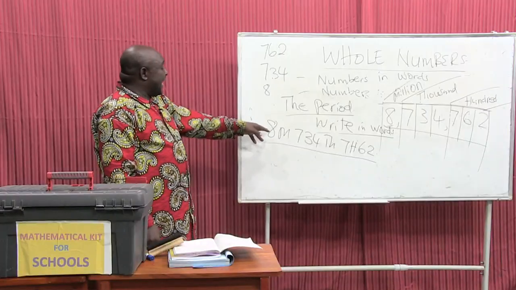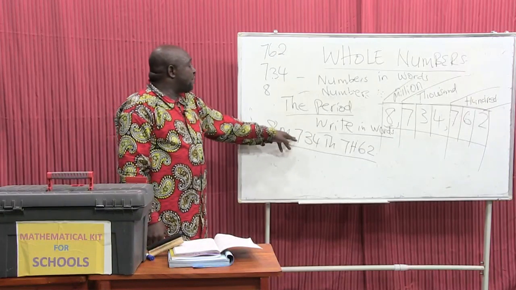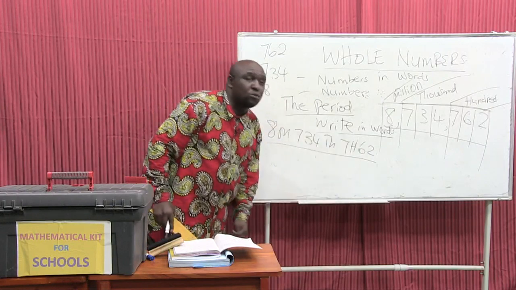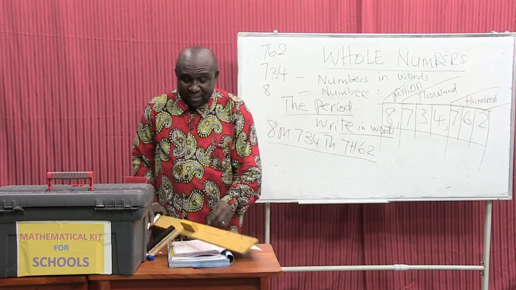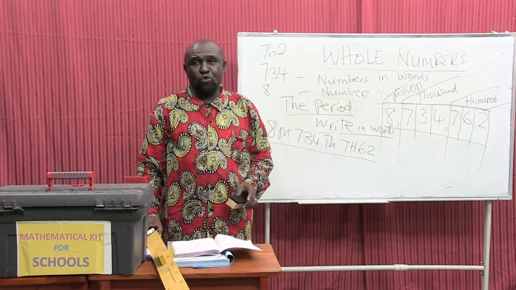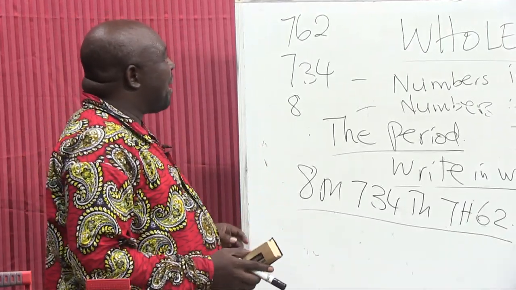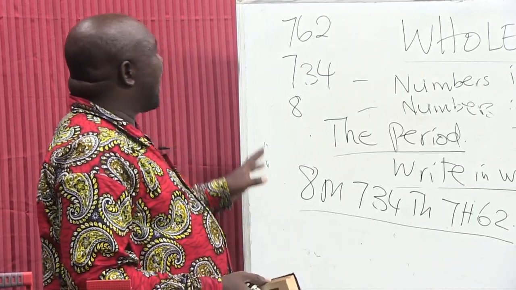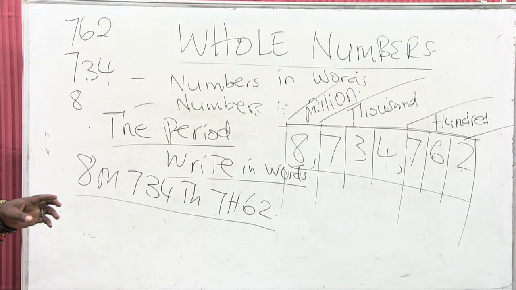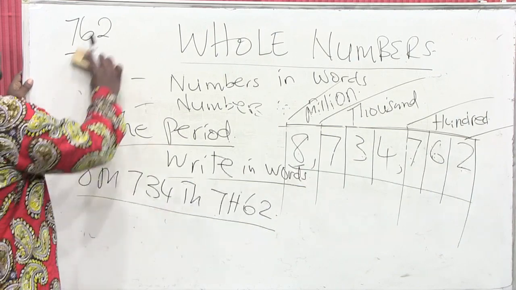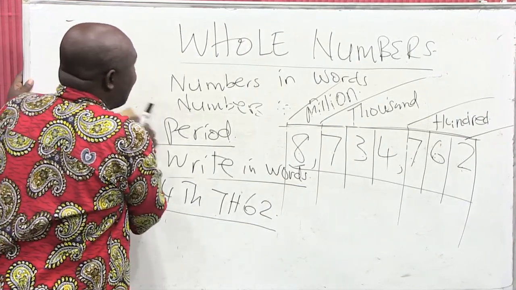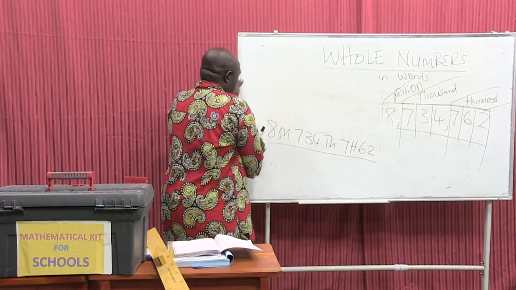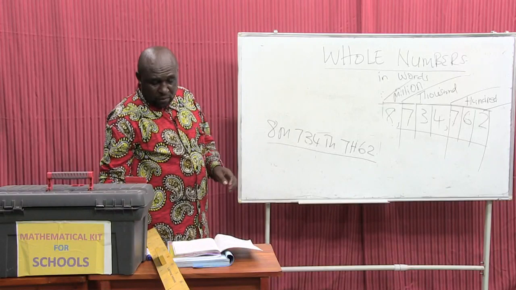Then you say 8,734,762. This becomes easier for you to read the numbers when given numerals and asked to read them. It becomes easier when you remember the period. Let me give you another example.